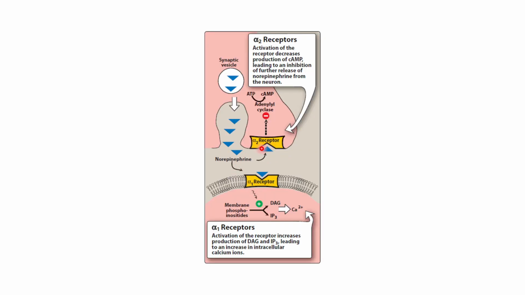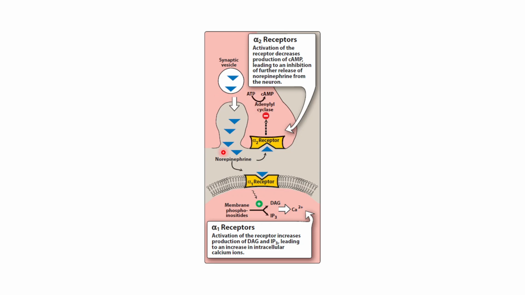This slide shows the negative feedback with the alpha 2 receptor, and it will block the enzyme that is synthesizing cyclic adenosine monophosphate, and cyclic adenosine monophosphate usually triggers the release of the vesicle.